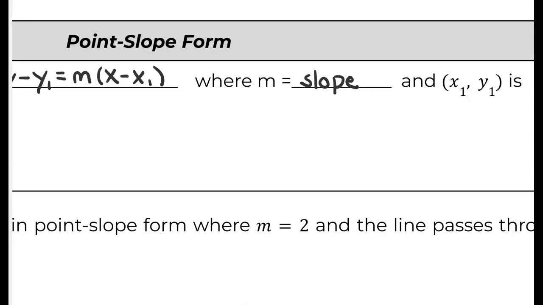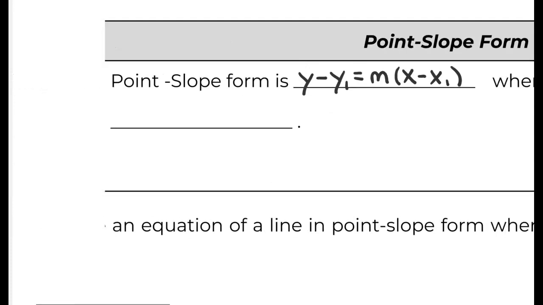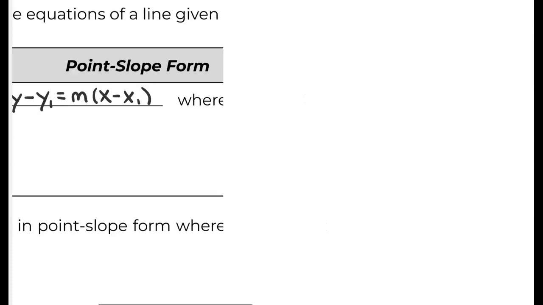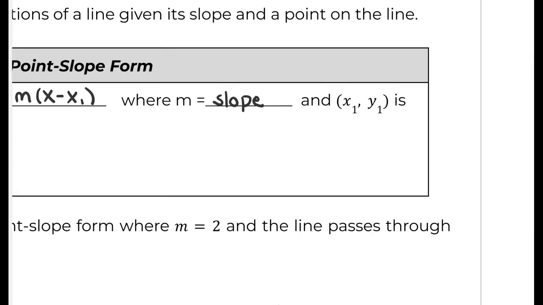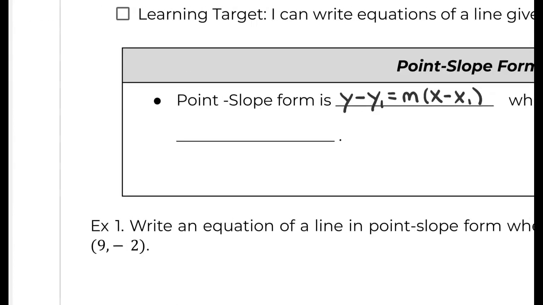And x1 comma y1, this x1 and y1 in our form of a line, is just going to be a point that we're given. So we're going to be given a point, we're going to plug it in, and we're going to plug our slope in, and we're going to simplify it nicely.